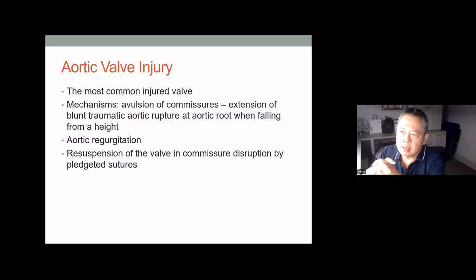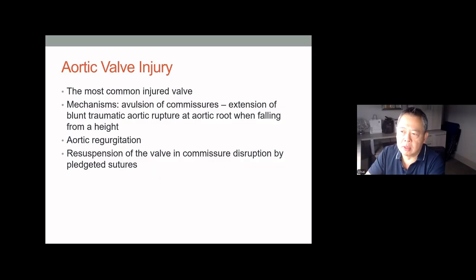In terms of valve injury, the aortic valve is the most commonly injured valve. It makes sense because of the location, right? It's right there, dead center. The mechanism may be avulsion of commissures, or extension of a blunt traumatic aortic rupture at the aortic root when falling from a height.